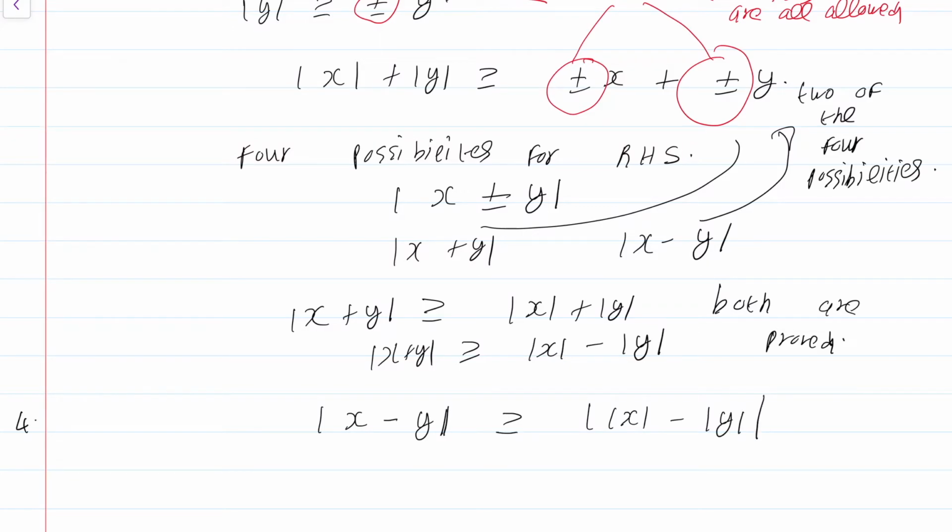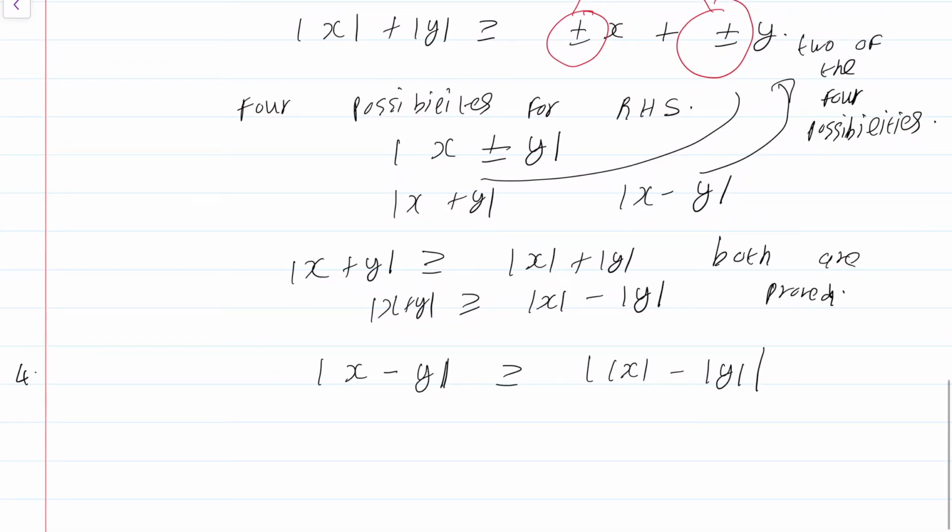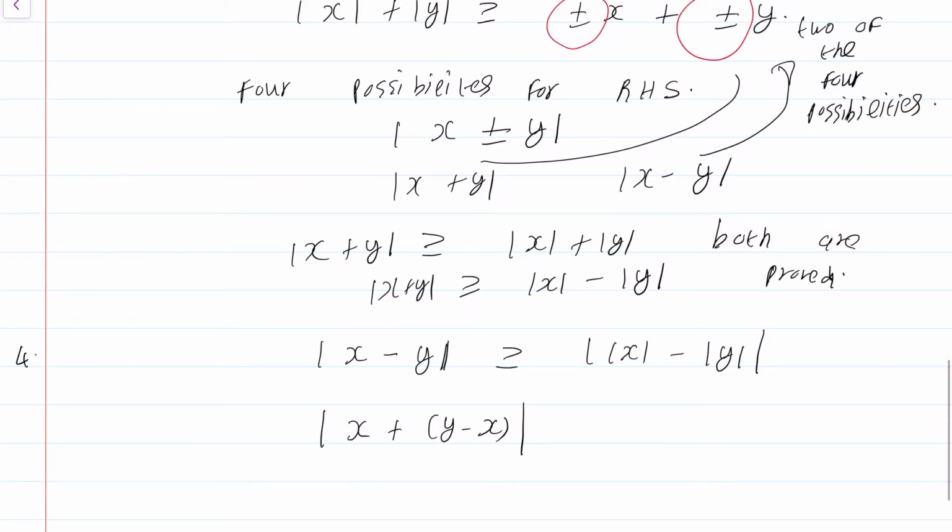Okay. Now how do you show this? Well, look at modulus of x plus y minus x. This is by the triangle inequality less than mod x plus mod y minus x. But this is nothing but modulus of y.